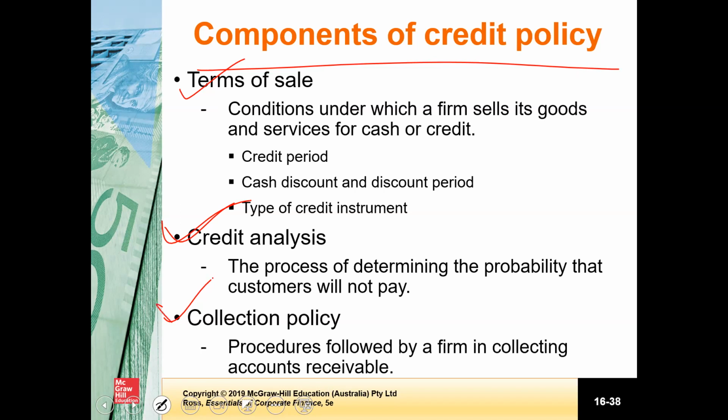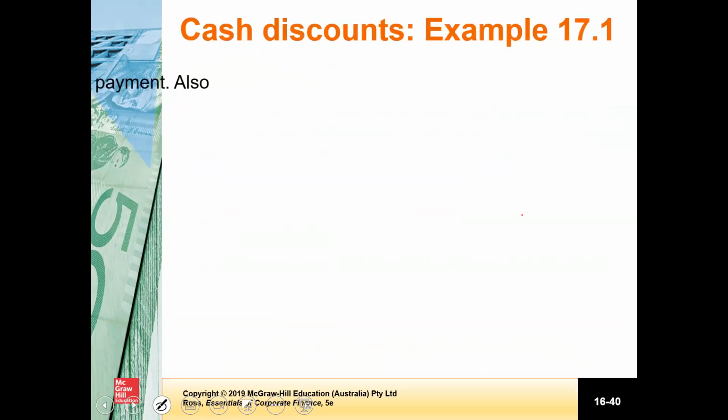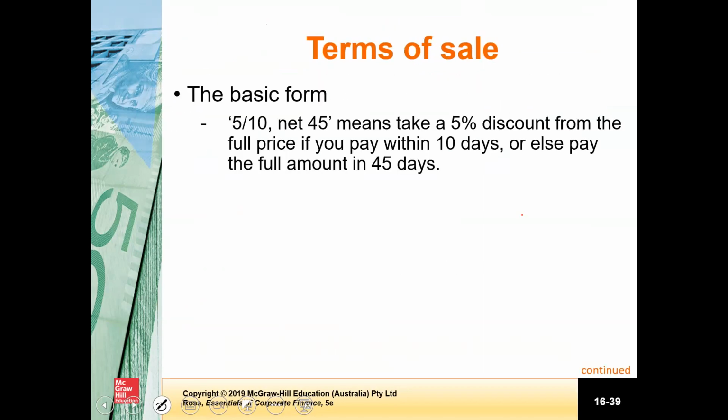And last of all, collection policy. After credit has been granted, the firm has the potential problem of collecting the cash when it becomes due, for which it must establish a collection policy. We will discuss a bit more detail now.